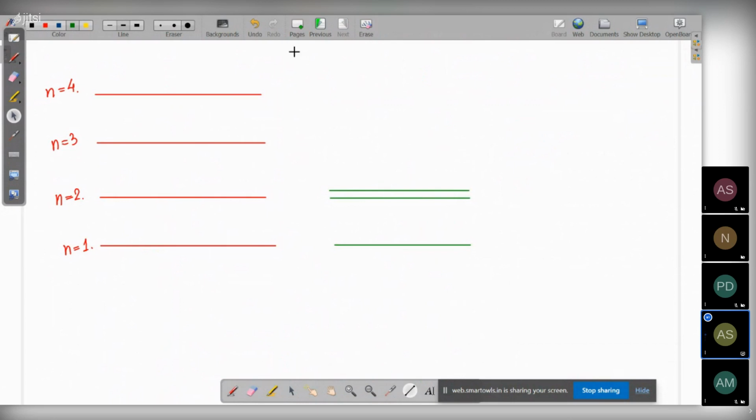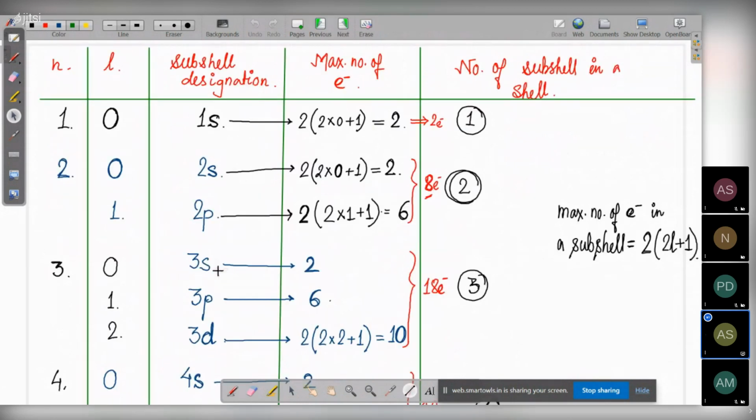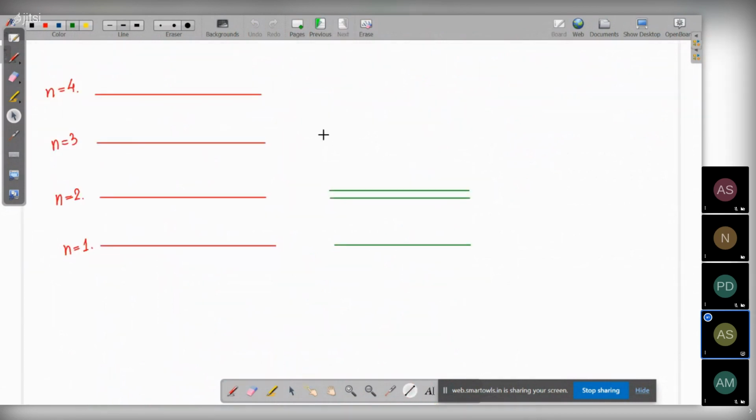Similarly, the third orbit has 3s, 3p, 3d. That means this will split into three lines. And the fourth orbit will split into four lines.